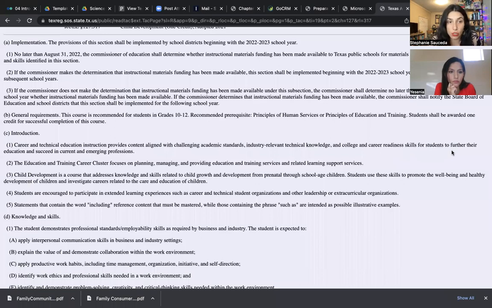So the first subcategory is education and training. The career cluster focuses on planning, managing, and providing education and training services and related learning support services. So do you need to memorize everything? No, but you do need to be familiar with all the concepts. If you're reading this, you're looking at the student knowledge and skills in this child development course, which addresses knowledge and skills related to child growth and development from prenatal to school-age children.